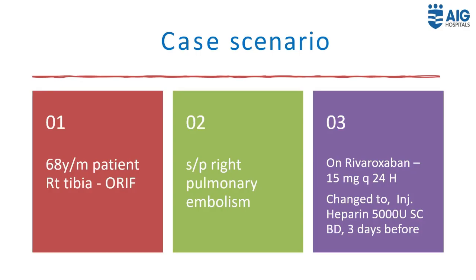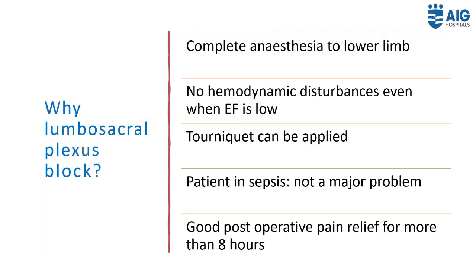General anesthesia carries its own concerns, particularly in someone with a possible underlying cardiopulmonary compromise. In this patient, a combined lumbosacral plexus block is an ideal choice. It offers both surgical anesthesia and postoperative analgesia while maintaining hemodynamic stability.